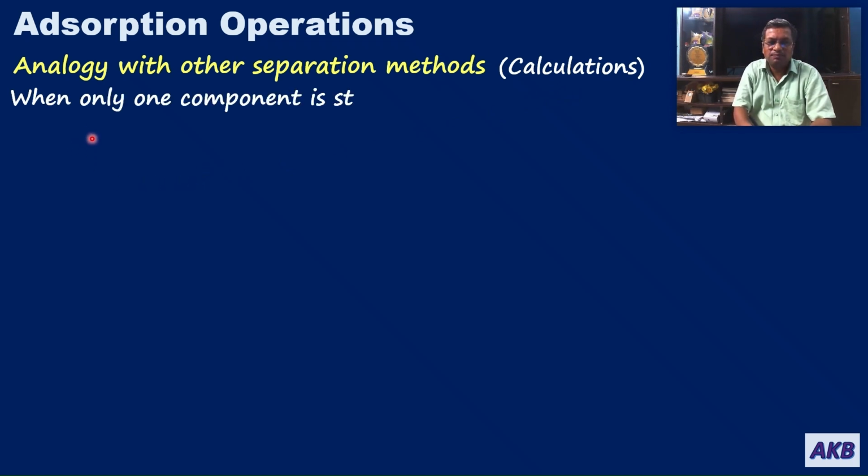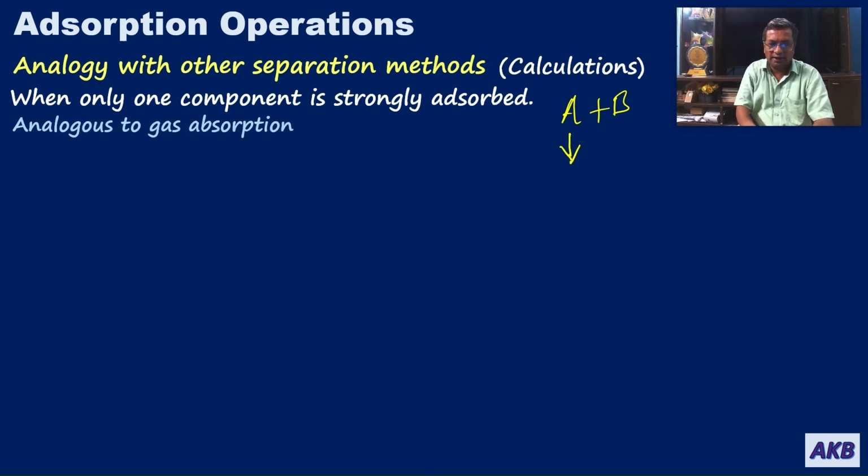For example, if you have a binary mixture of A and B, and only one component, let us say A, is strongly adsorbed and adsorption of B is neglected, then the operation can be considered to be analogous to gas absorption. So let us understand this.